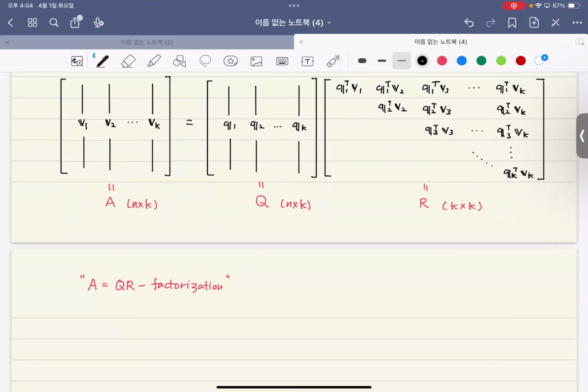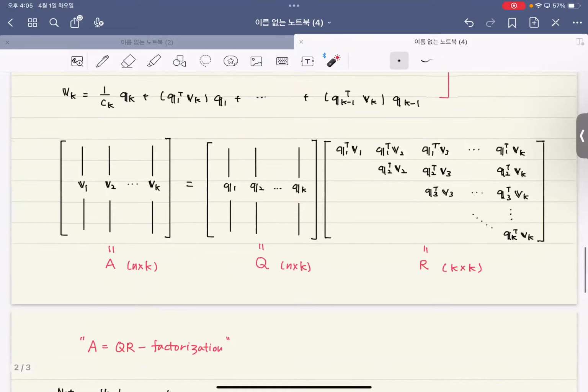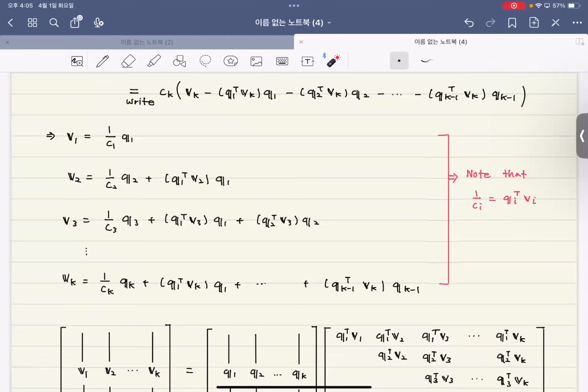Just one more thing to prove. I also have to make sure that the span of these basis vectors equals the span of these orthonormal basis vectors. For each basis vector Vi, every basis vector can be written as a linear combination of Q1 to Qk.